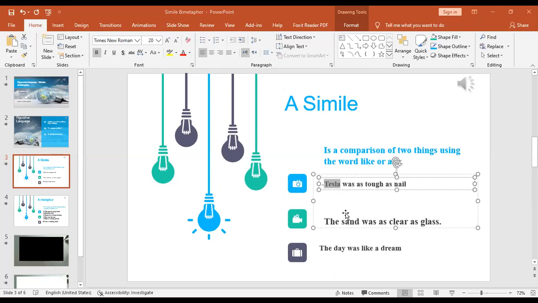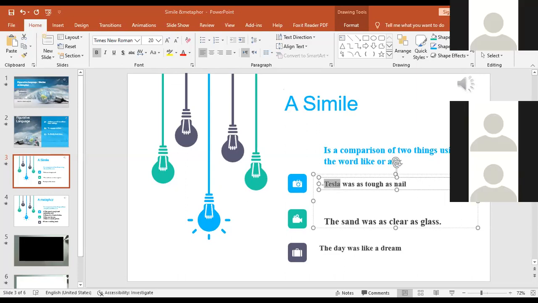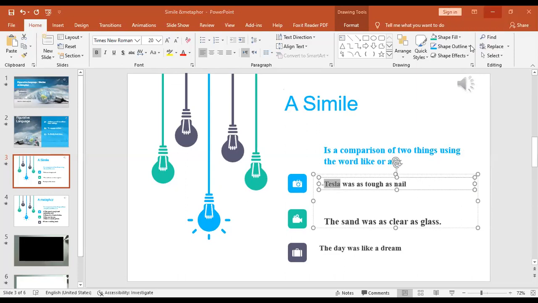Anyways, Tesla was as tough as a nail. He was very strong like a nail. Tesla was a great inventor. He faced many problems throughout his life. So when we are going to express Tesla, Tesla was as tough as a nail. Look at here, this is a simile, a complete simile. Tough as a nail. Okay.